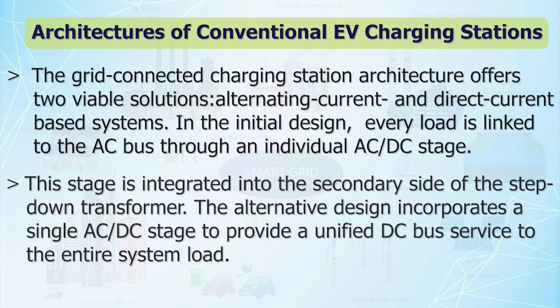This stage is integrated into the secondary side of the step down transformer. The alternative design incorporates a single AC-DC unit to provide a unified DC bus service to the entire EV load which we have at the charging station.